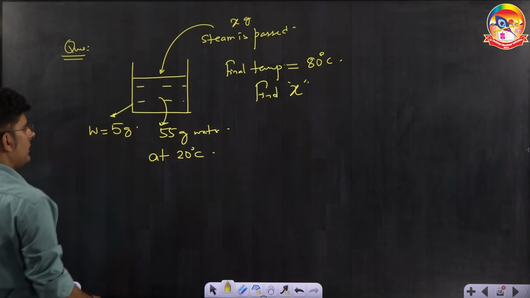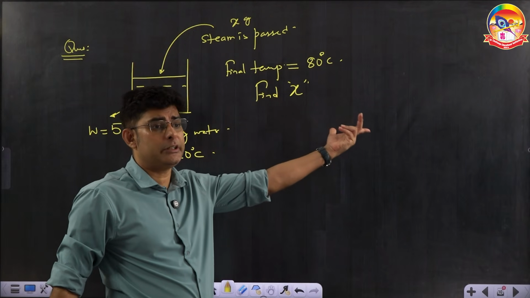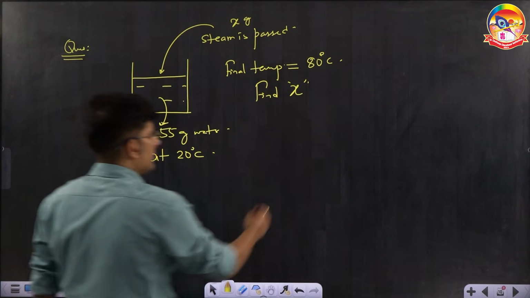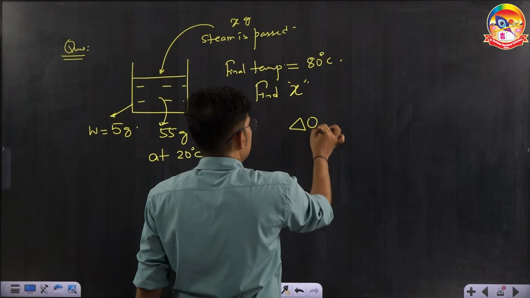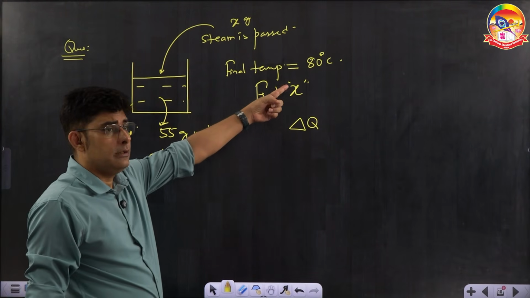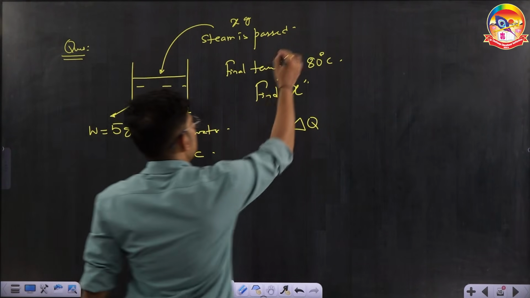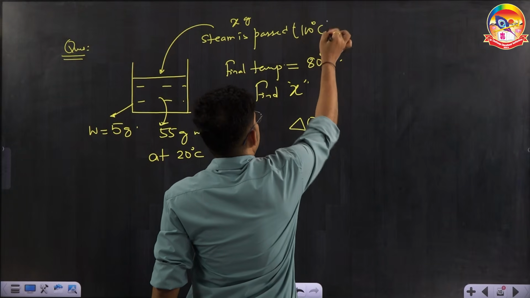If you solve this question, you can see that the final temperature is 80, so steam cannot exist; steam will get converted to water. You can clearly see who has gained heat and who has lost heat. The temperature 80 is obviously less than 100 degrees Celsius, and the steam temperature we are taking at 100 degree.